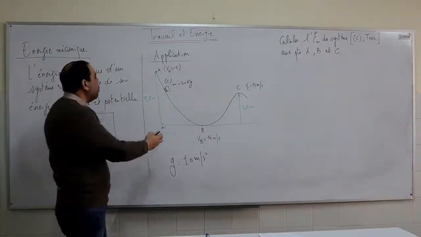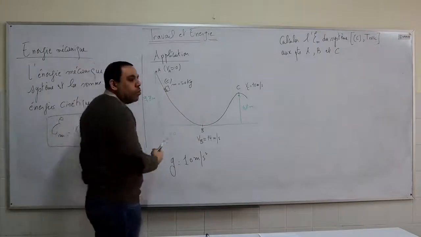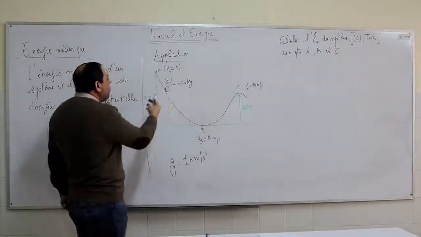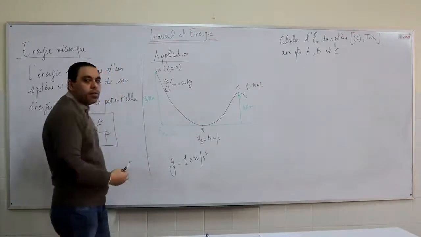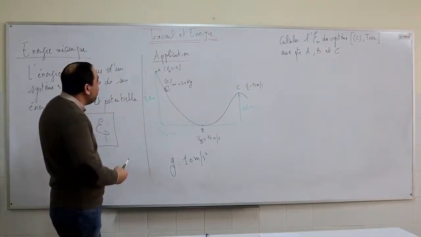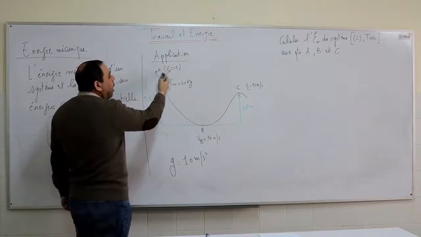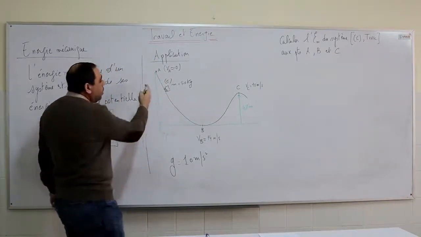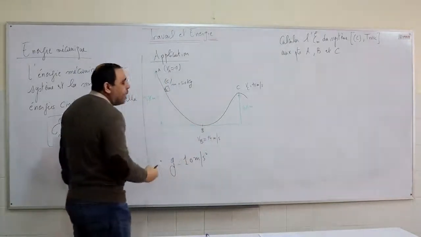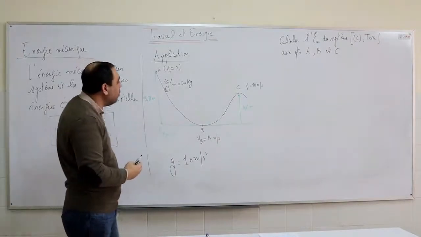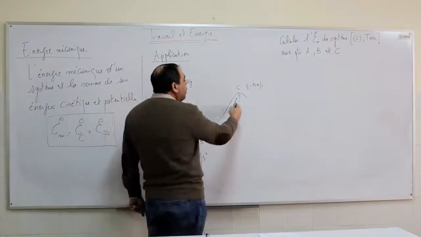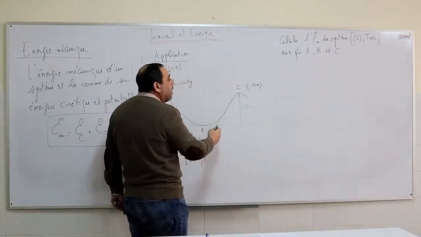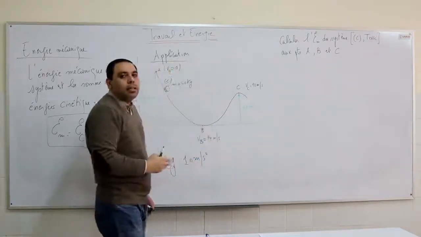In the application, consider a cart that slides on a certain track. The cart's mass is 50 kilograms. The gravitational field strength is 10 meters per second squared. The cart leaves point A with negligible speed. It descends to reach point B with a speed of 14 meters per second, then ascends a height of 4.8 meters until it reaches point C with a speed of 10 meters per second.